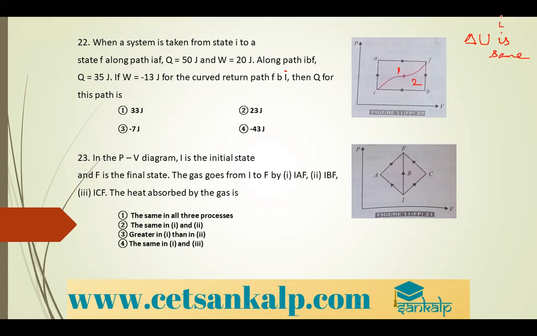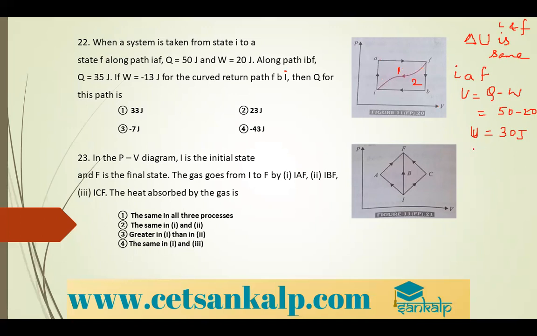So delta U for I and F will be the same. For IAF, delta U is Q minus W. What is your Q? Q is 50 minus 20, it is 30 joules. The internal energy for this loop will be 30.